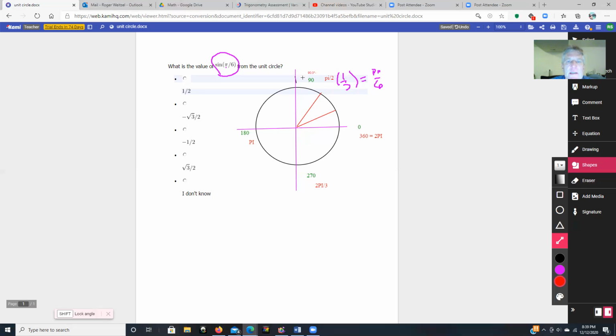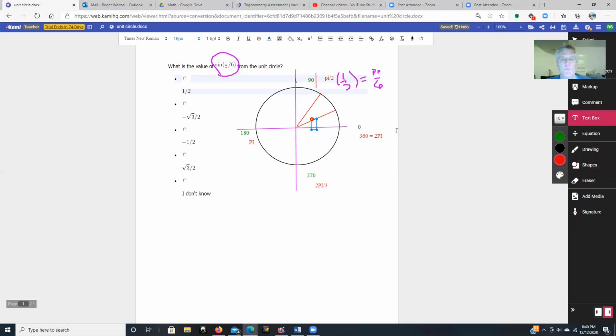So if we take 90 degrees and divide that by 3, we are going to get 30 degrees. So all of that was to try to figure out what angle we are talking about.